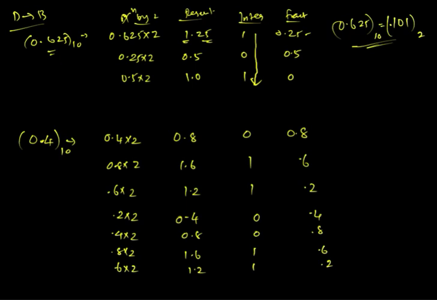So for the fractional part 0.4, we can have the binary number in this order, that is 0.0110011, and it is going on.